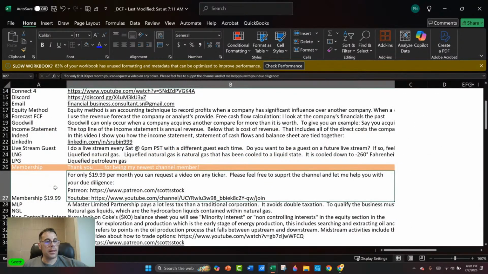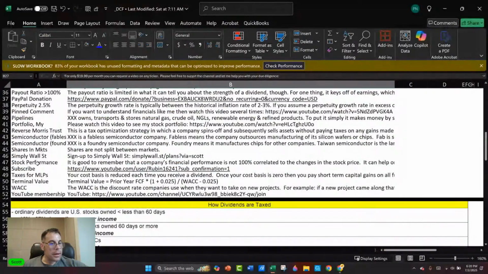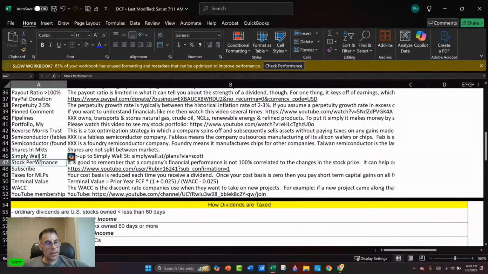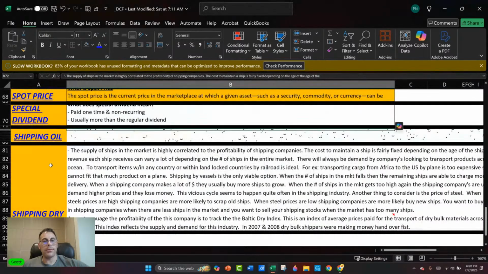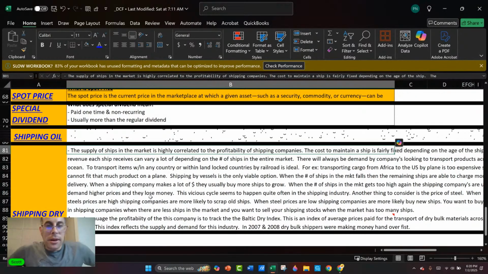I'll show you. Okay, it's right here. So I would sit here and stare at the screen and just read this while you see vessels shipping on the water.